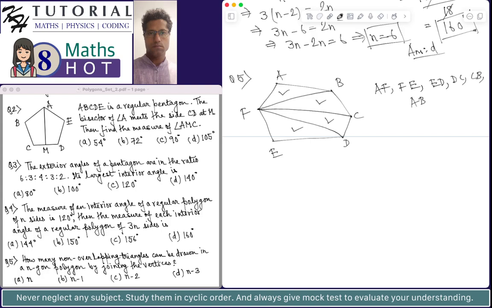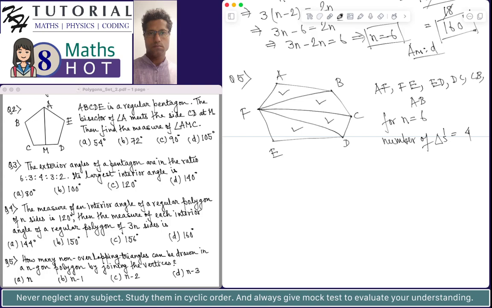So 1, 2, 3, 4, 5, 6. So this is a hexagon. So we can see for n equal to 6, the number of non-overlapping triangles is equal to 4.